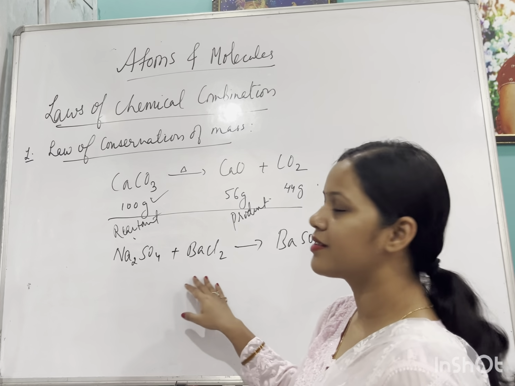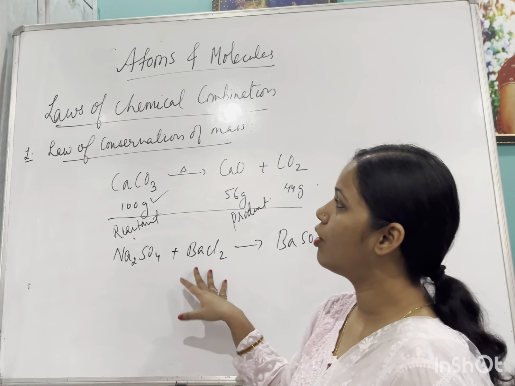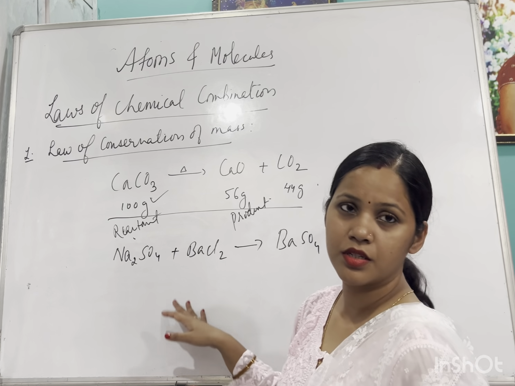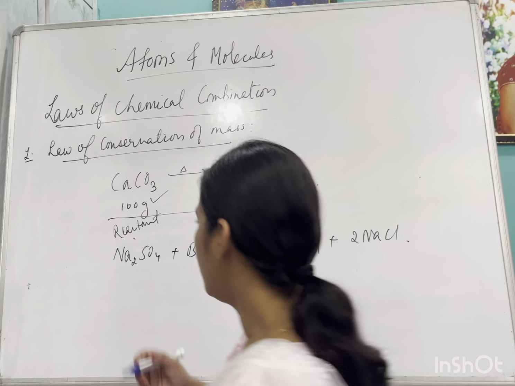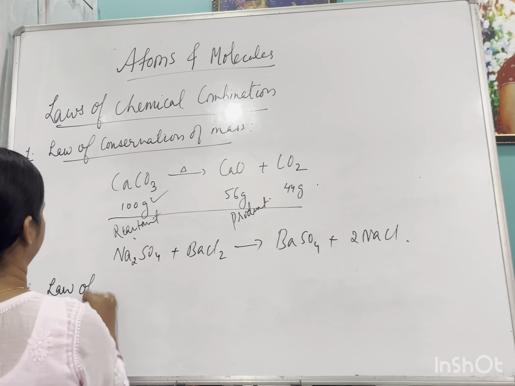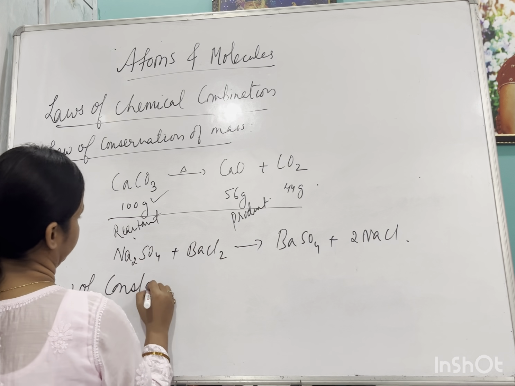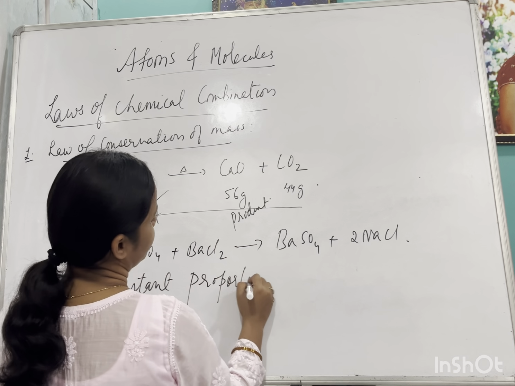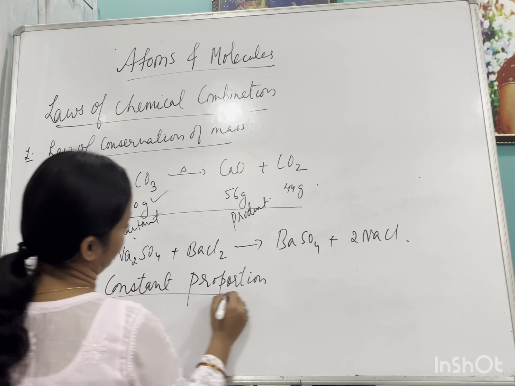Only the ions are being exchanged. So that is the law of conservation of mass. This was the first law. The second law is the law of constant proportion, which was given by Joseph Proust.